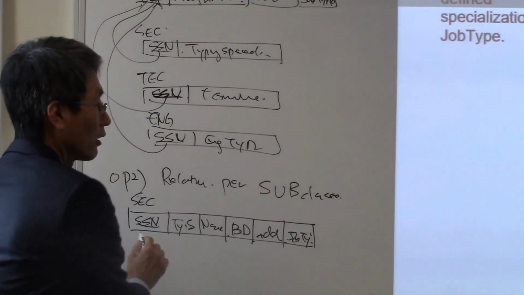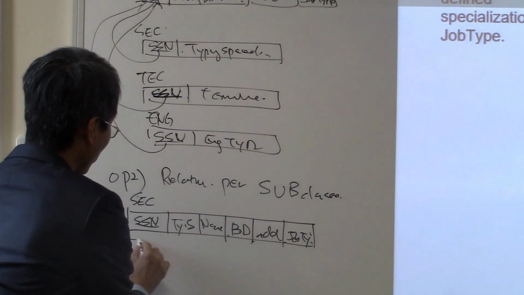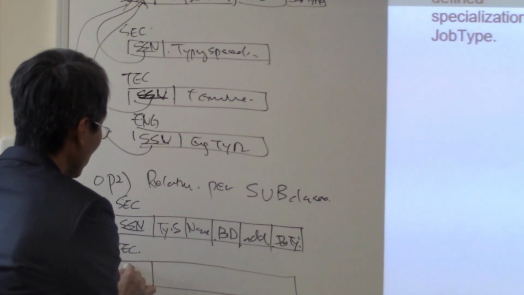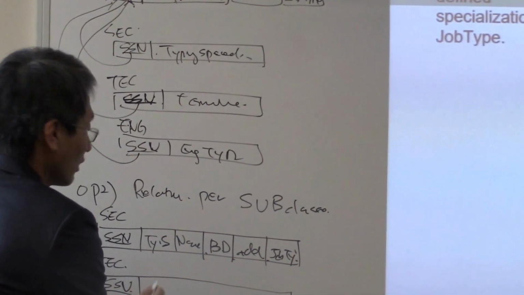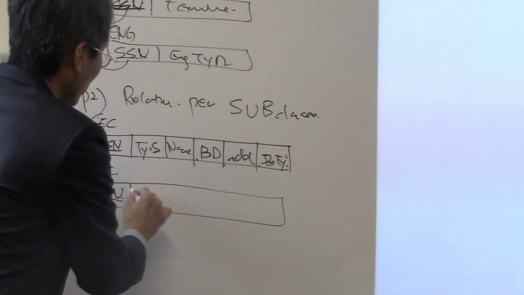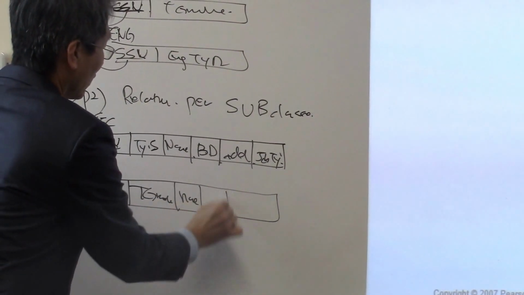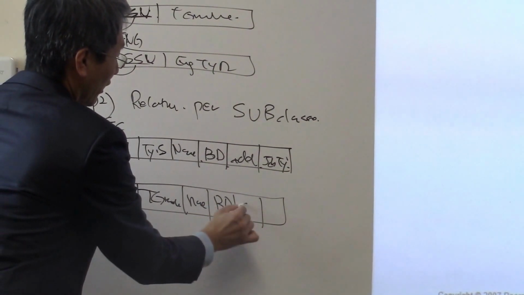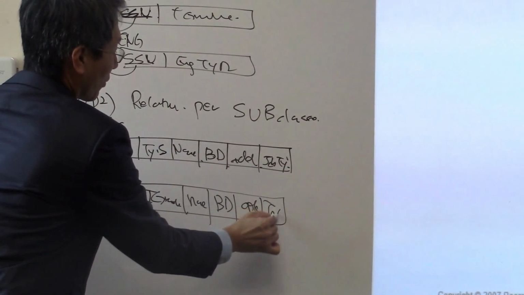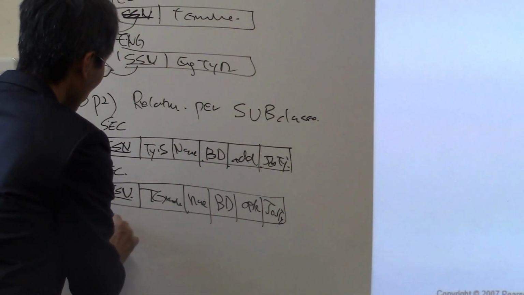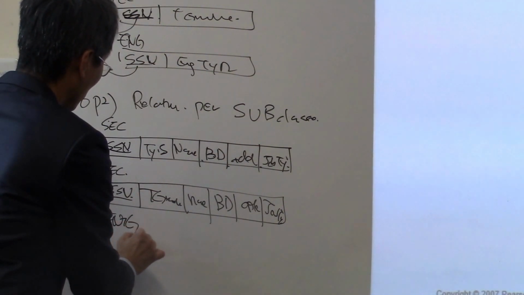Okay. And next, technician. Same thing, SSN, T grade, name, birthday, address, job time. And what about engineer? It's the same thing.